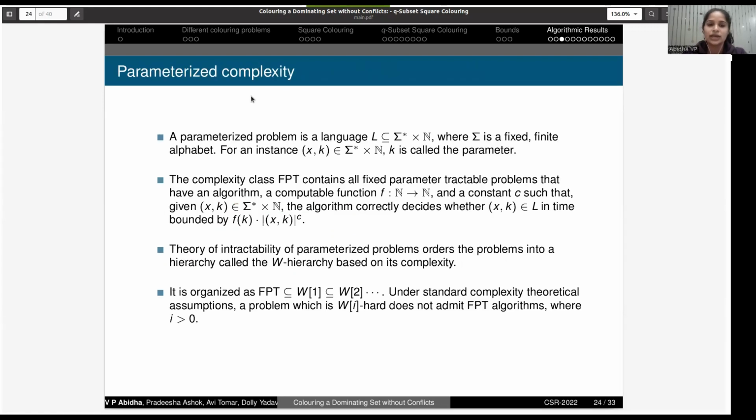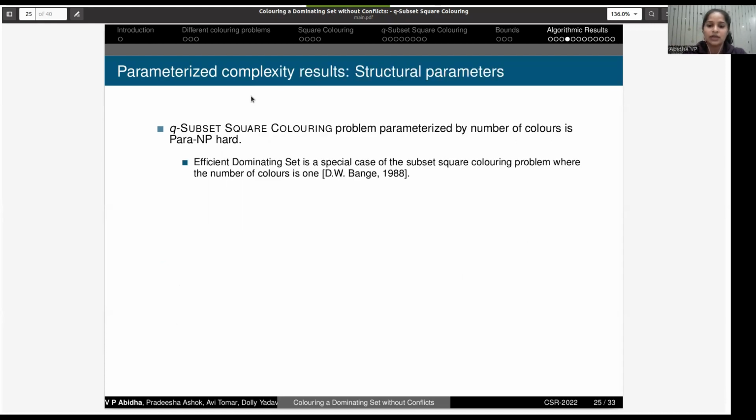Now we are interested in parameterized complexity, where we expect a running time that is a function of the parameter times the size of the input. To study the intractability of a parameterized problem, we can order problems into the hierarchy called the W hierarchy. We can now consider different parameters. First, the standard parameter, that is, the number of colors.